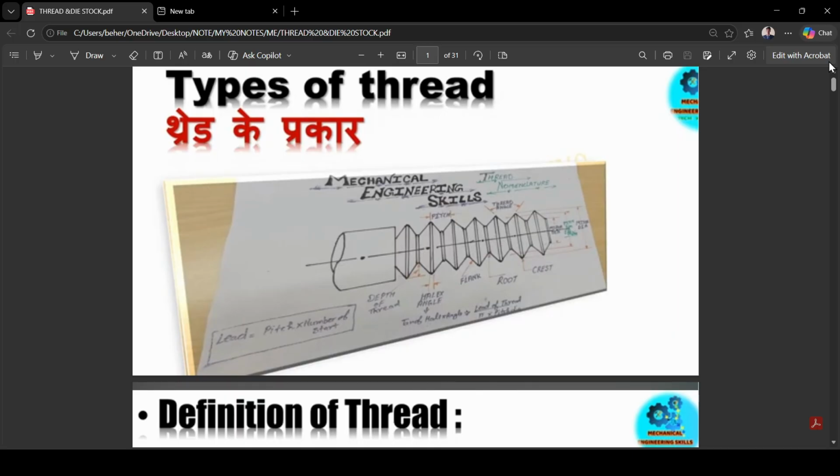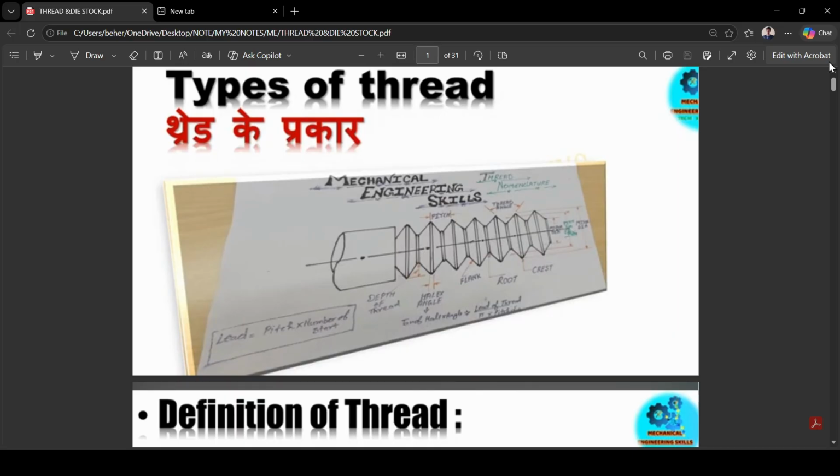Square thread: used for power transmission applications such as screw jacks and presses. It has high efficiency and less friction. Acme thread: trapezoidal in shape.